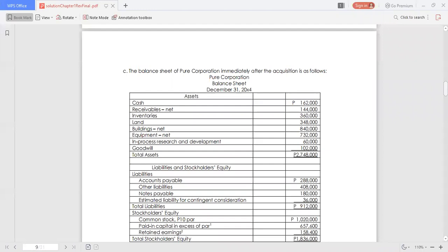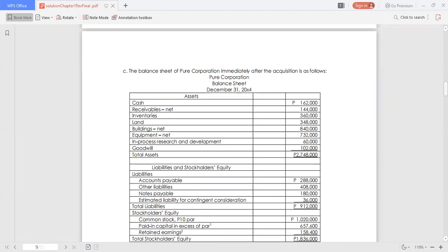Now the receivables of Pure of 144. Okay, the inventories, and we have land for 348,000, and then buildings 840, equipment 732, in process research and development 60, and goodwill 102.